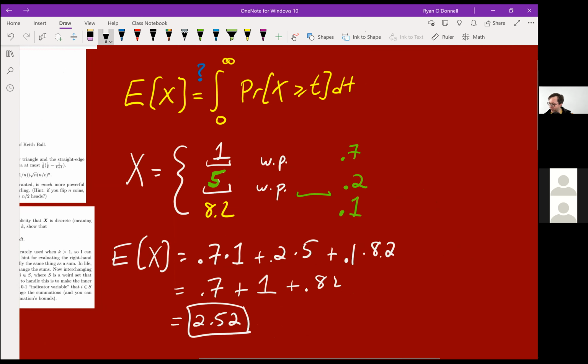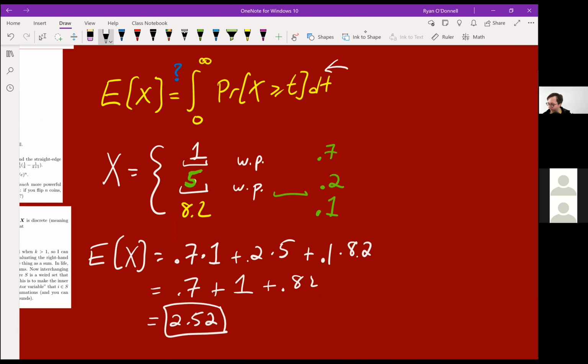Okay, so now we've got to do this thing. We're integrating. We have something that looks like integral of blah dt. So hopefully this should be a function of t, so it matches up with our expectations for how functions work. And I guess it is, right?